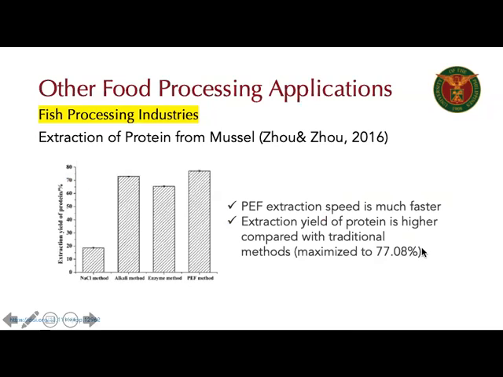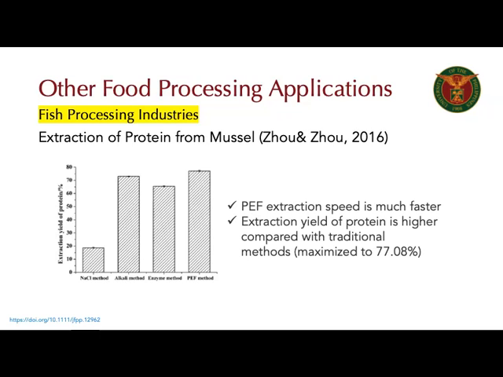And then of course, I wanted to also provide specific examples na sana, hopefully, researchers that use PEF in the fish processing industry. So I have a number that I have listed here. So we have, in 2016, Zhao and Zhao used PEF treatment for the extraction of protein from mussels.